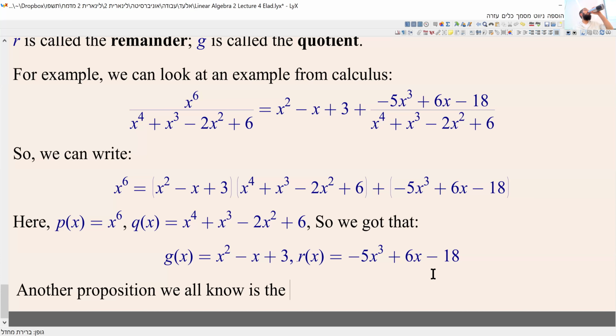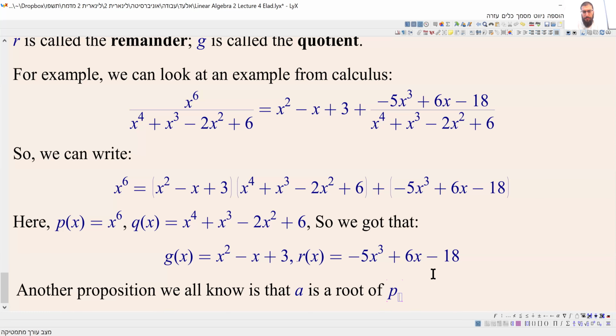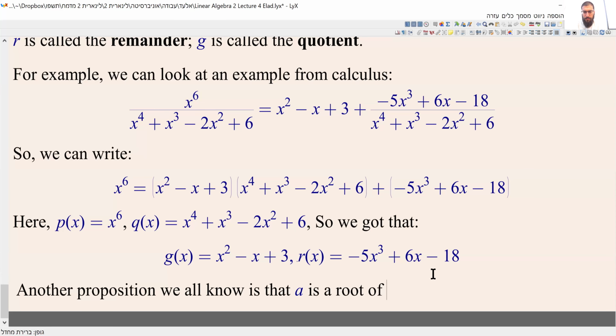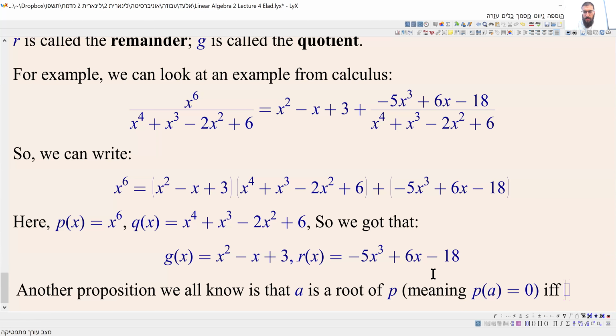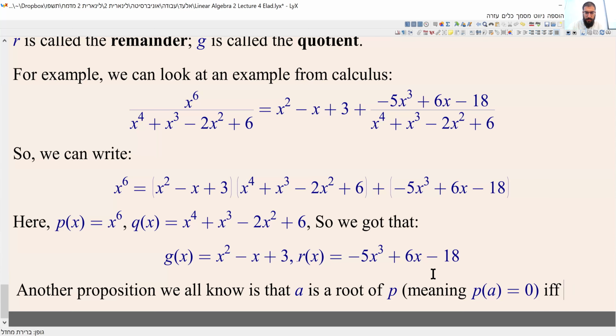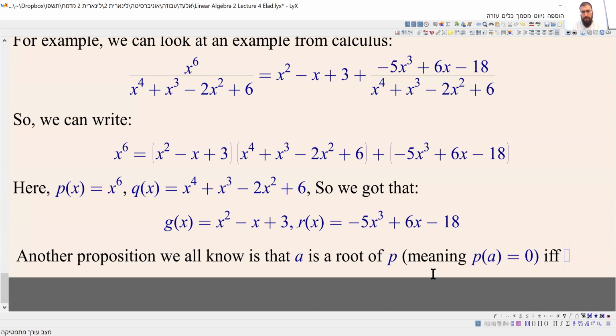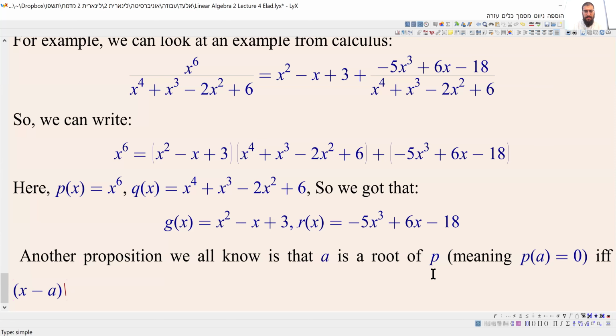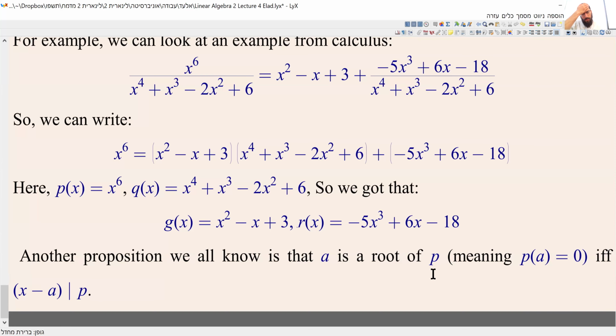We know is that some A is a root of P, meaning that P of A is 0, if and only if the corresponding expression x minus A divides P. I mean, if 2 is the root of some polynomial, then x minus 2 divides the polynomial.